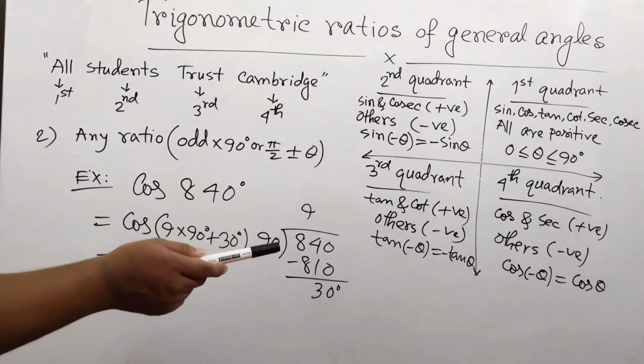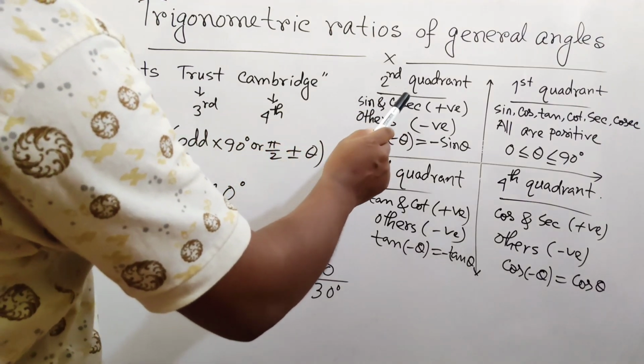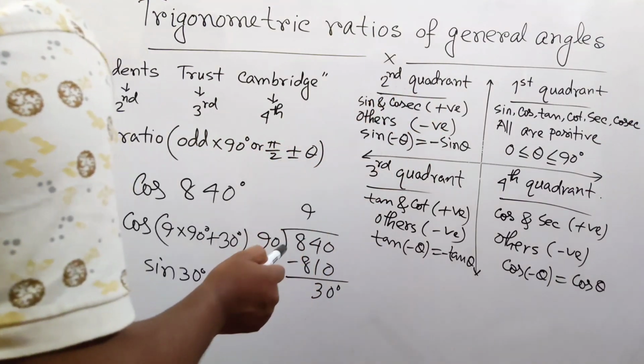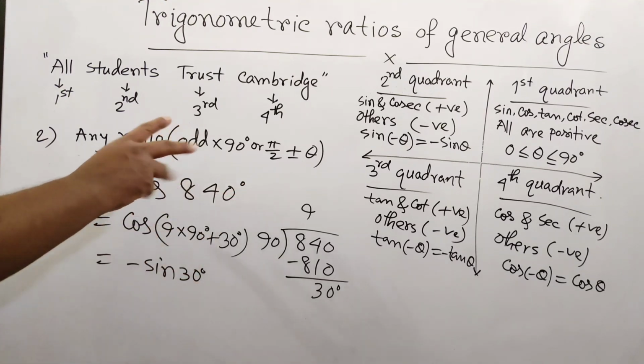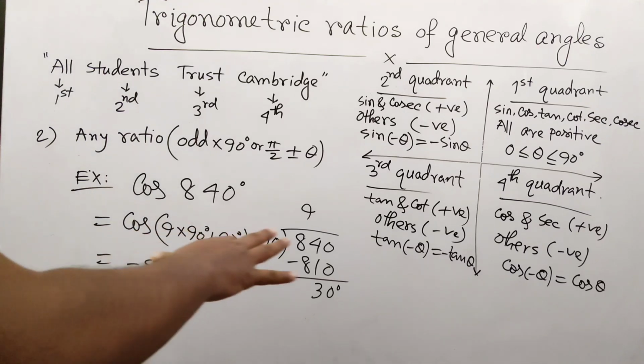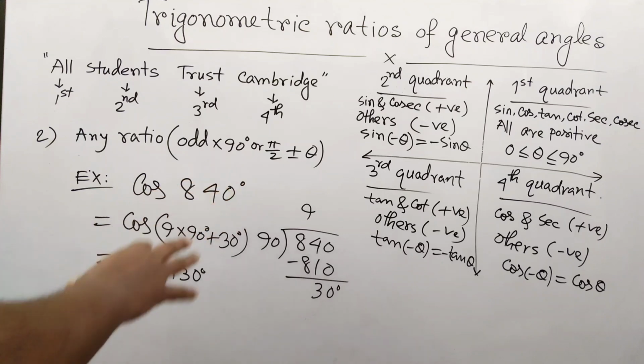We know that in the second quadrant, sine and cosec are positive but others are negative. So here the others means cos, so cos should be negative, so you put here a negative sign. That means cos 840 degree and negative sine 30 degree are the same. In that way you can easily find the acute angle of the given ratio.